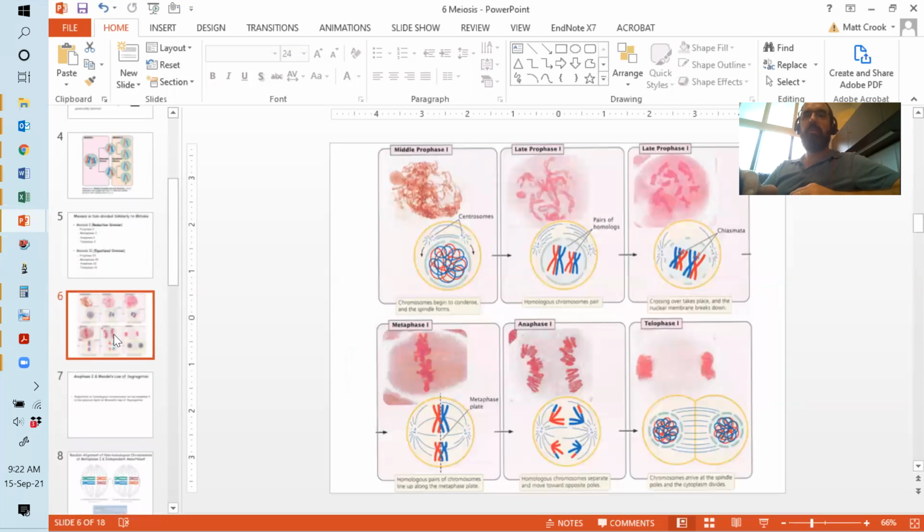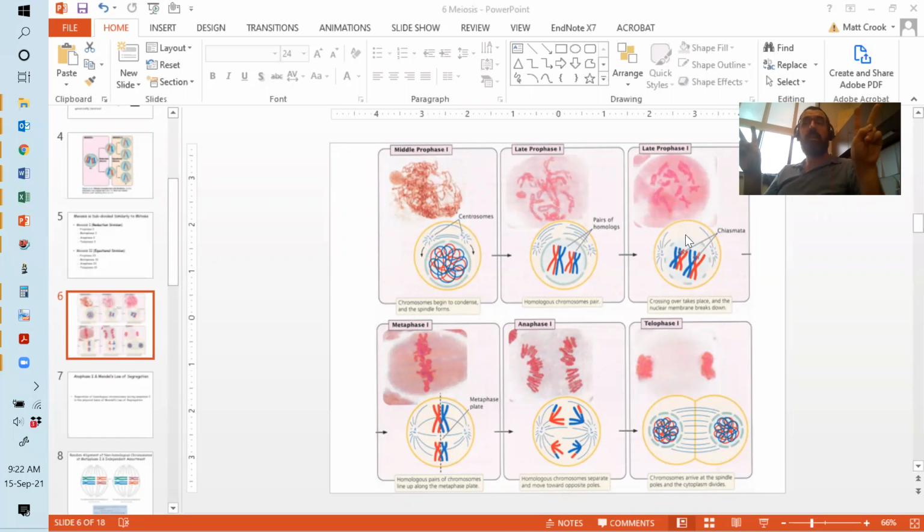But another big deal of crossing over is that these chiasmata hold the homologous chromosomes together. If you think about it, the spindle fibers are trying to pull them to different poles of the cell.